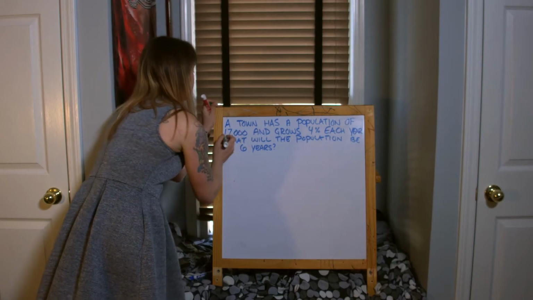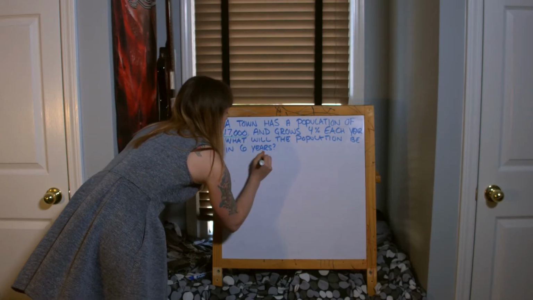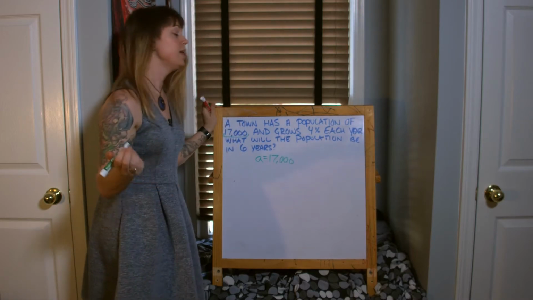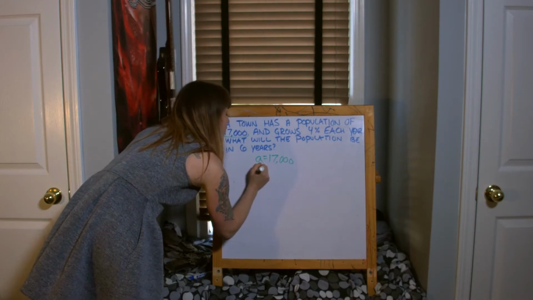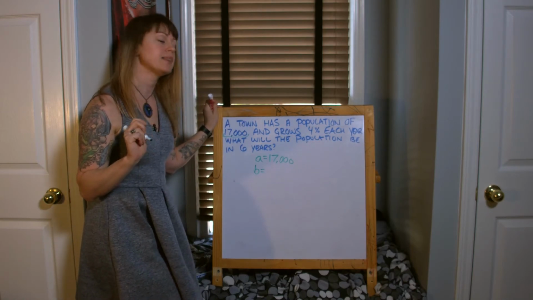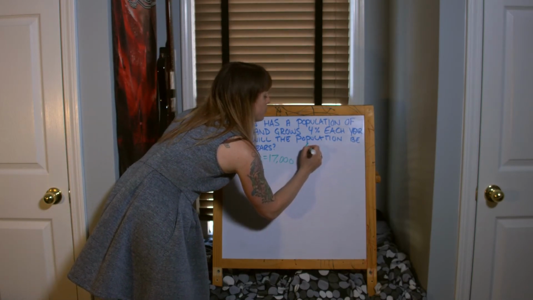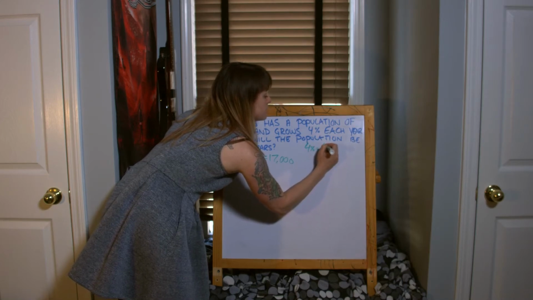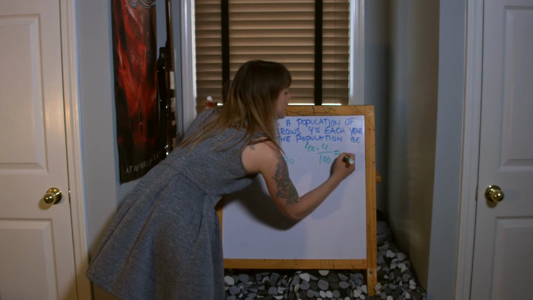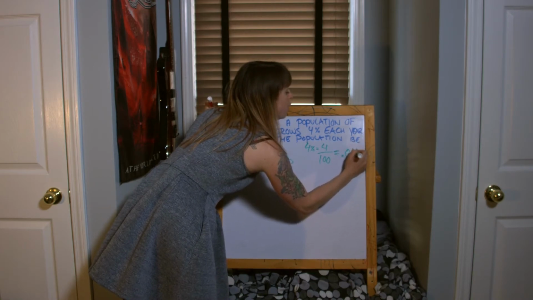So I know that my starting value, a, is 17,000. I have 17,000 people in this town. My rate has to do with this 4%. So let's remember how I write that as a decimal. 4% is the same thing as 4 over 100. And 4 over 100 is 0.04.